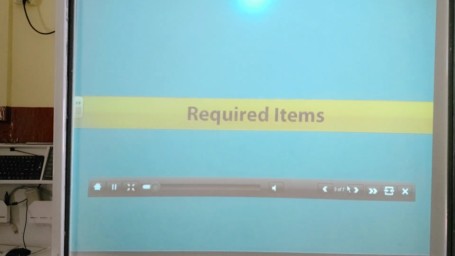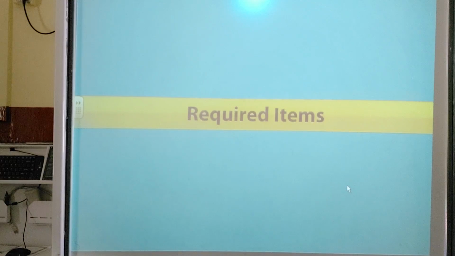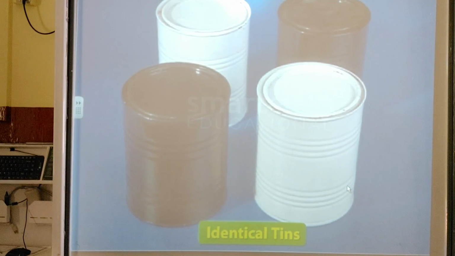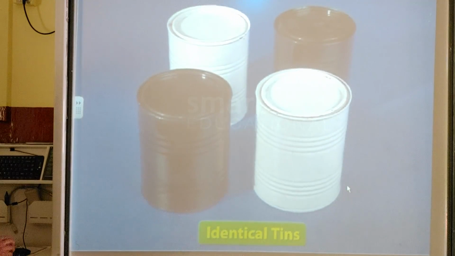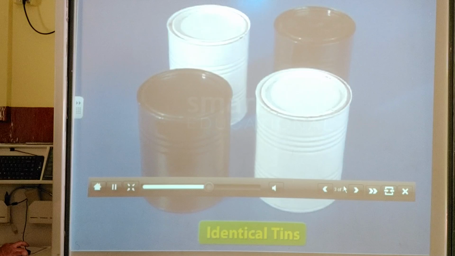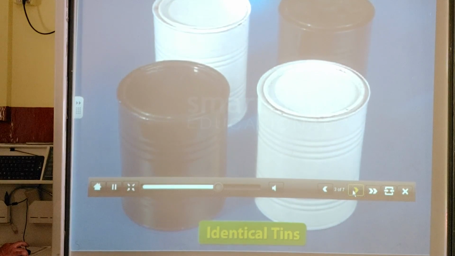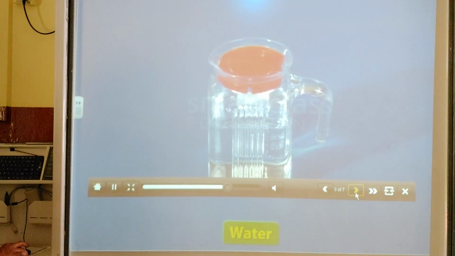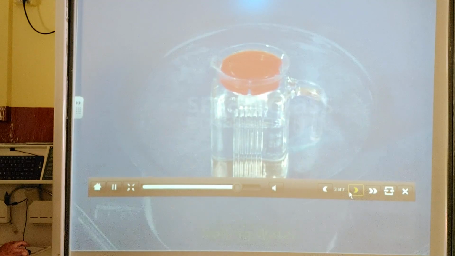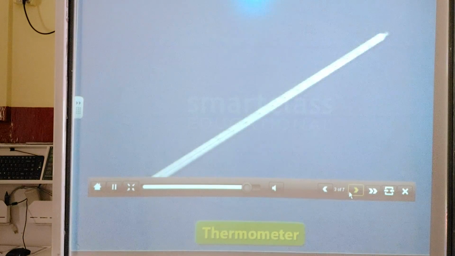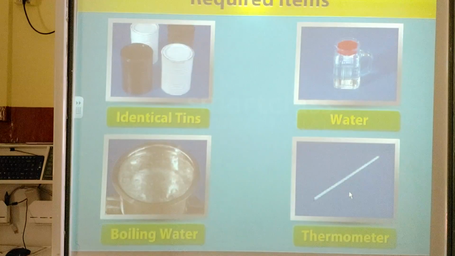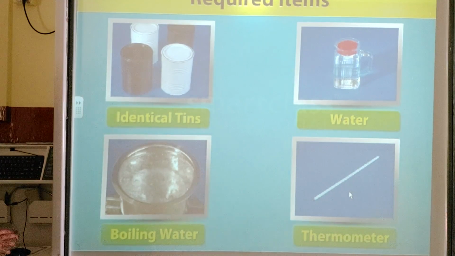Items required for this activity are 4 identical tin cans with lids, 2 with the outer surfaces painted black and the other 2 with the outer surfaces painted white, water at room temperature, boiling water and a thermometer.